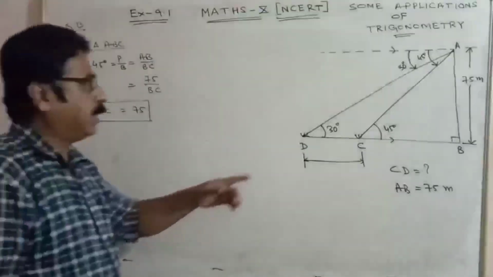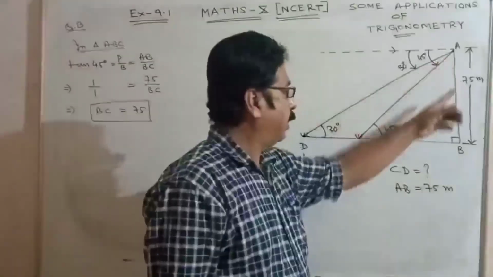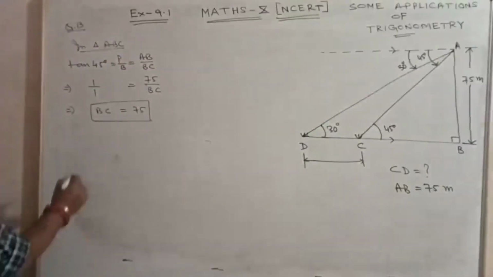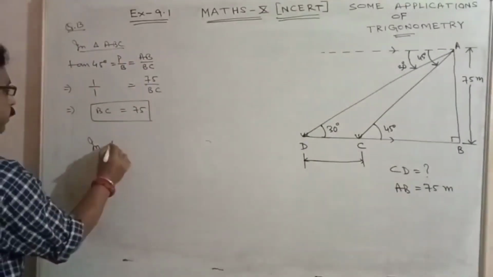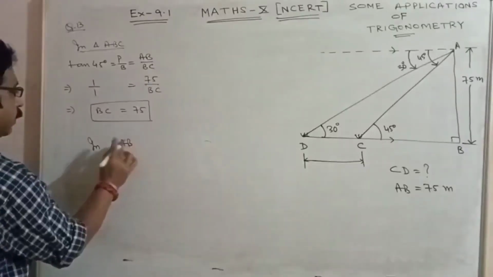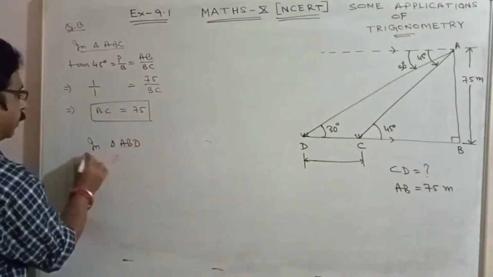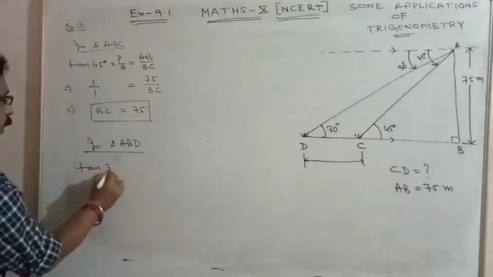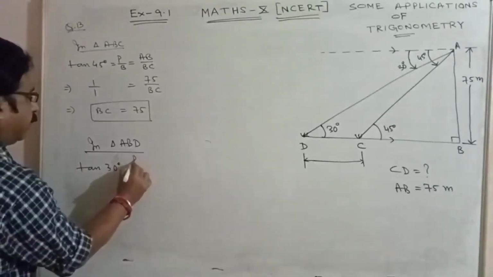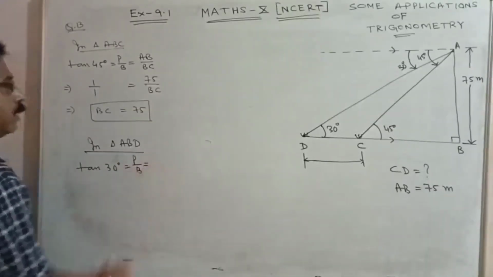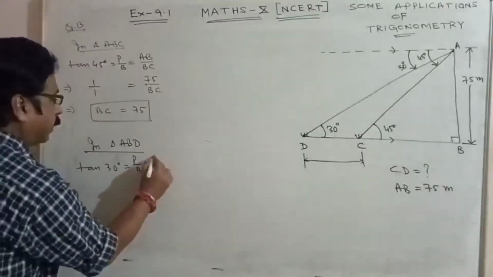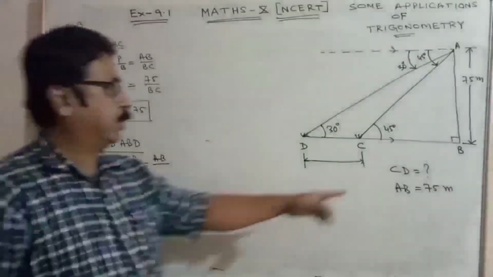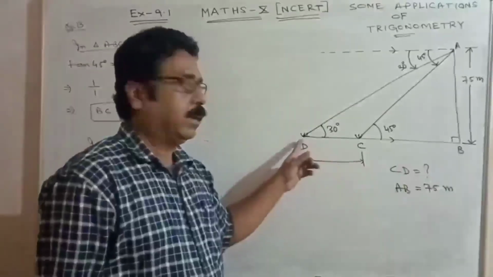Next, let us take this triangle A, B, D. Tan 30 degree is perpendicular upon base. Perpendicular is AB. Base is BD.